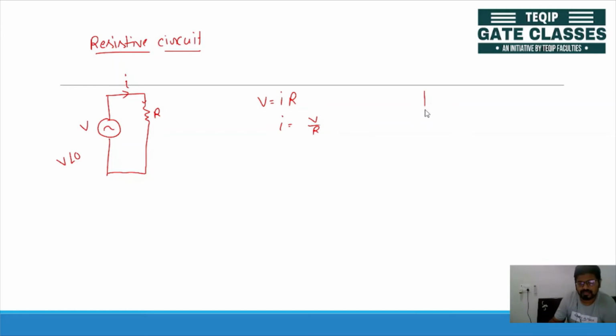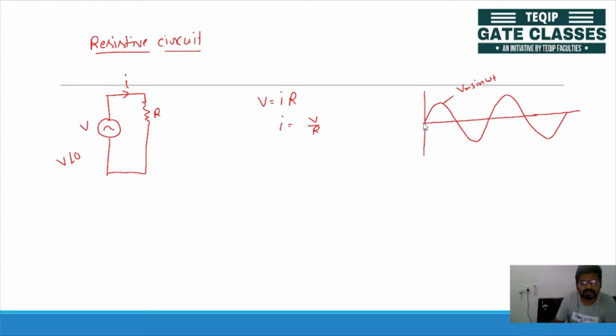If we draw the waveform of voltage and current, suppose this is our voltage, Vm sine omega t. Then what will be the waveform of current?